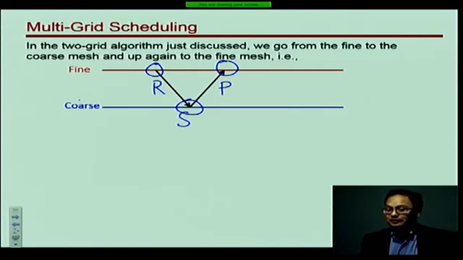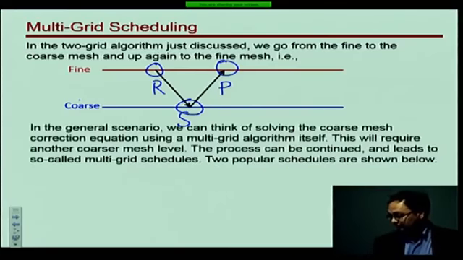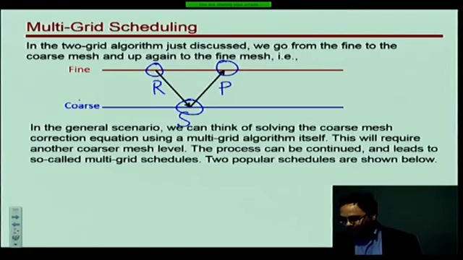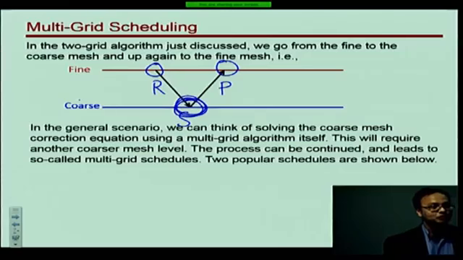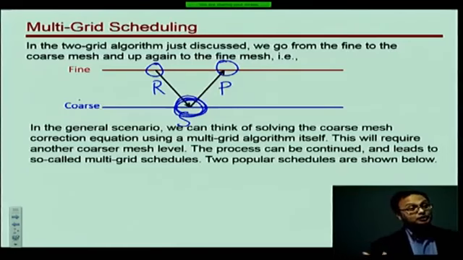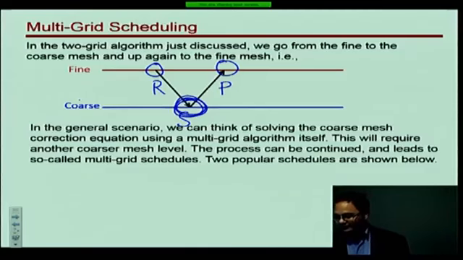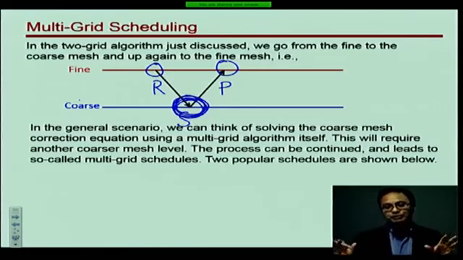Now here is what happens. Here in the coarse mesh, let's say in the description that I gave you, you're using Gauss-Seidel to smooth out the errors. And I mentioned that it's a good idea to use a tighter tolerance. So what are we doing here? We are actually solving a set of simultaneous equations on a mesh, be that the coarse mesh. Suppose this mesh is 81 by 81.